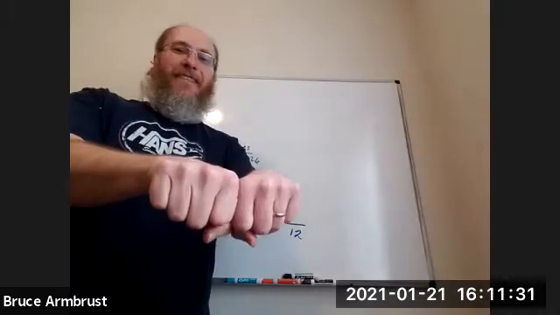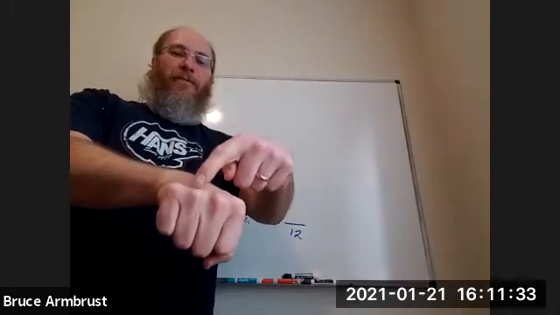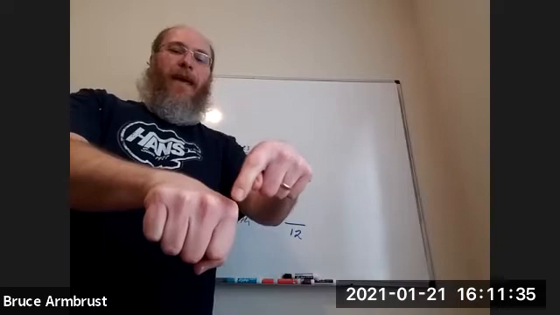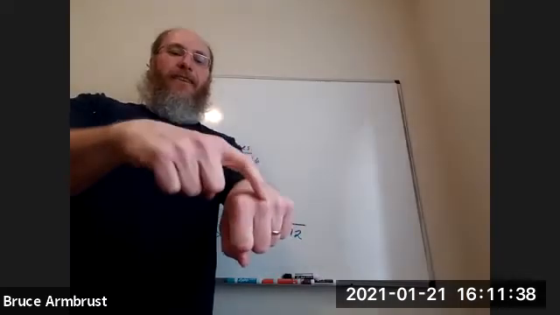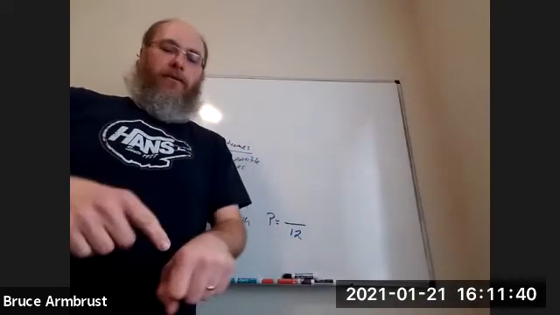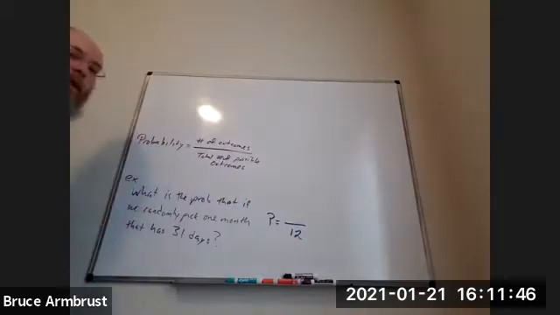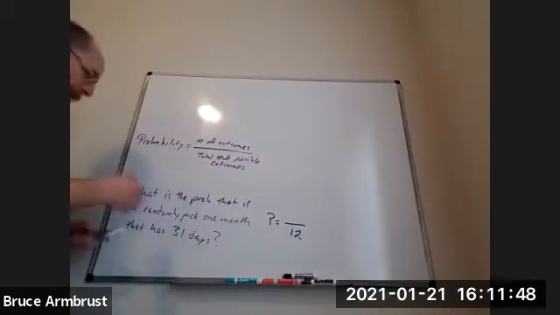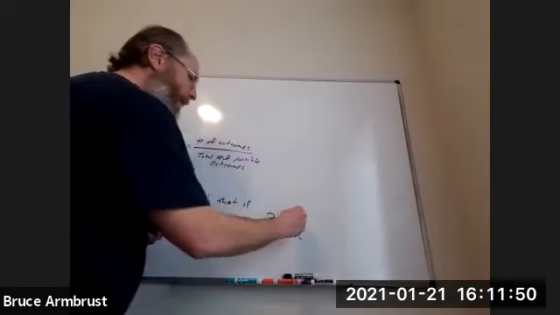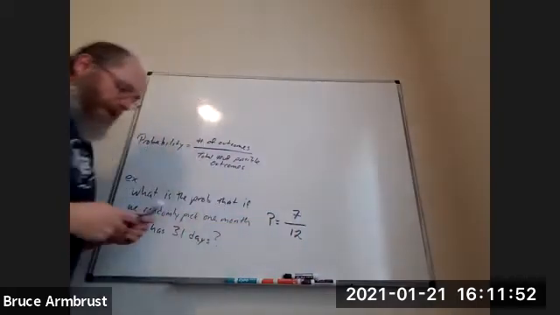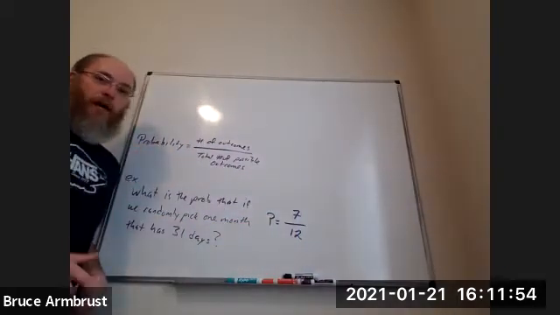Anyway, all right. So if you just count them up, January, March, May, July, August, October, December. So that's 7. And so, yes, the probability of randomly picking a month that has 31 days is 7/12.